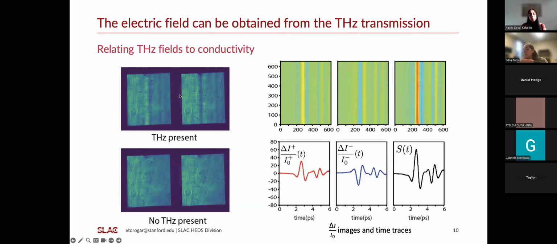So now, in order to quantify this, we want to clean this matrix that has information about the state of the mirror that we are using in this case. So what we do is we divide this matrix over a matrix where there's no terahertz present as a sort of reference.